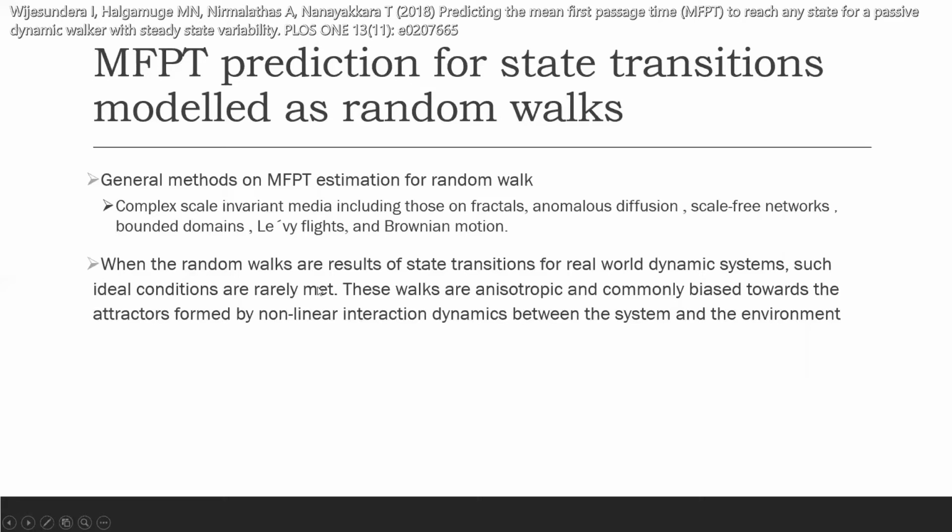However, when the random walks are results of state transitions for real-world dynamic systems, such ideal conditions are rarely met. These walks are anisotropic and commonly biased towards the attractors formed by nonlinear interaction dynamics between the system and the environment, as we saw in the rimless wheel motion data as well.